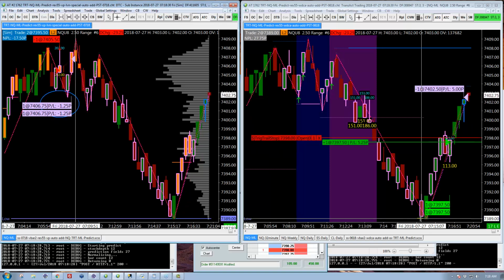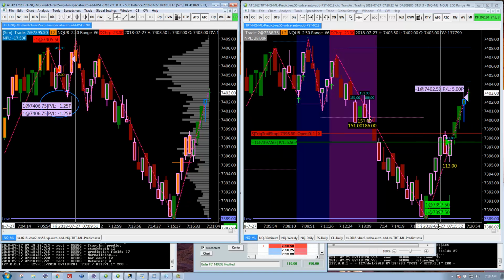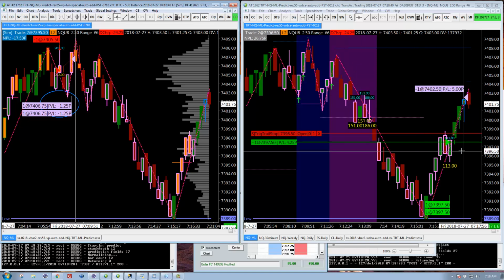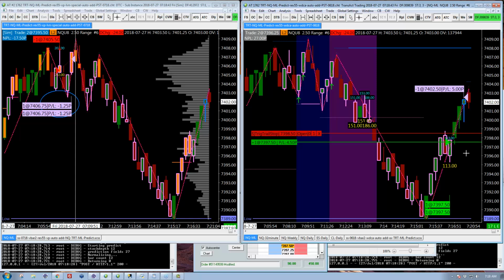Alright, so first target hit, trailing by 20 now. We won't see an add unless the market just blasts off or gives us some kind of pullback here. We need 30 ticks, so let's take a look at that.